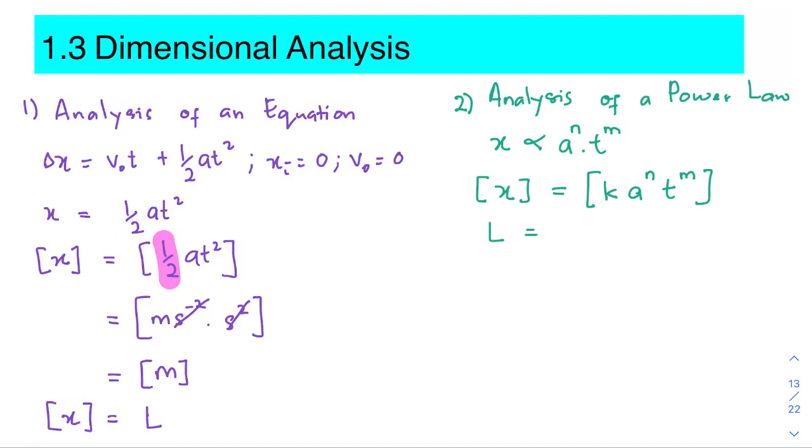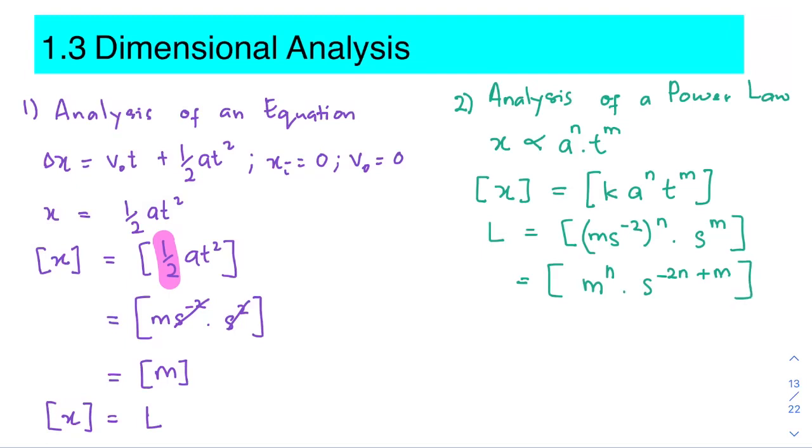So firstly, a is m s to the power of negative 2, to the power of n, times t is seconds to the power of m. Do not open the bracket yet because you are still using SI units, not the dimensional symbols yet. Then simplify whatever you can: we have m to the n and s to the negative 2n plus m.